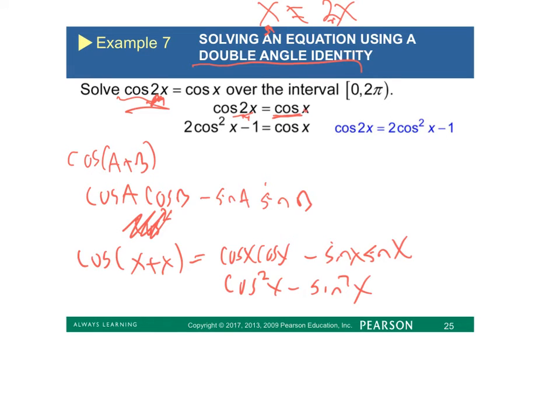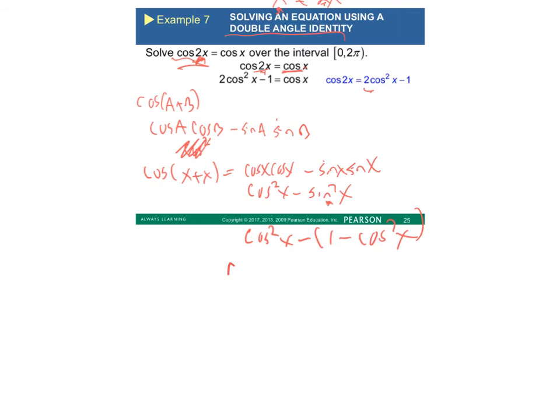To get this one, substitute, let's see if we want it all in cosines. What's an identity for sine squared? 1 minus cosine squared x. Cosine squared x minus 1 plus cosine squared x.